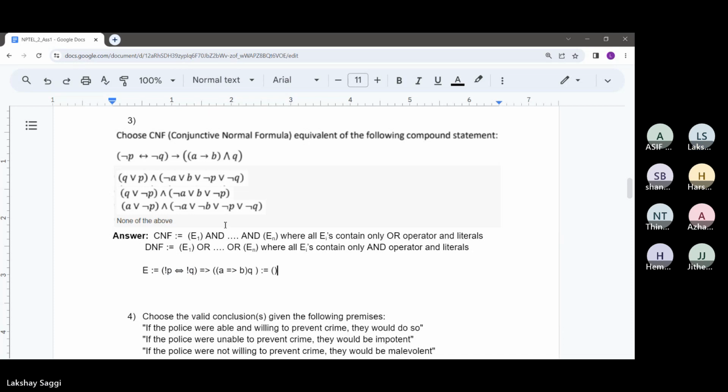This will be nothing but not P times not Q plus not of P, which will be P itself, times not of Q, which will be Q itself. So note that not P double implication with not Q is actually logically equivalent to P double implication Q. So not P double implication not Q is essentially the same as P double implication Q.